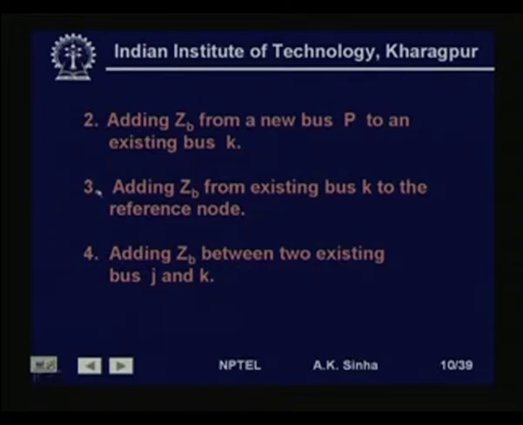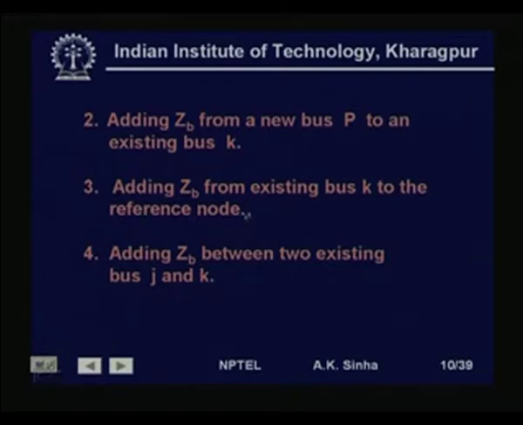Type 3 modification can be adding a branch with impedance ZB from the existing bus K to the reference node. That is, we are adding this branch ZB from an existing bus K to the reference node.